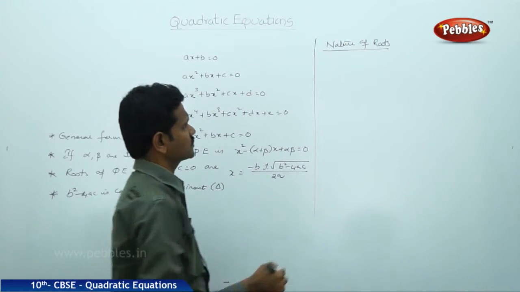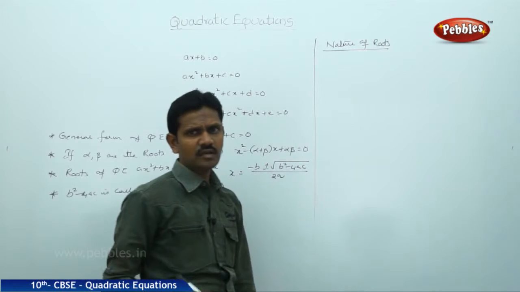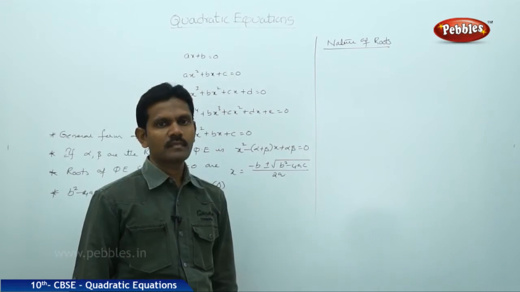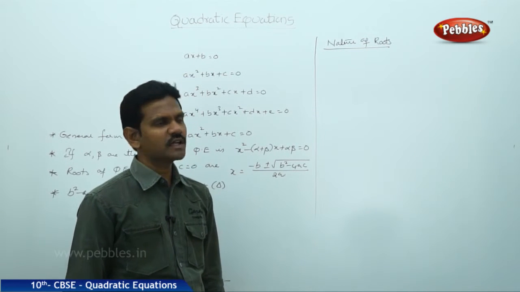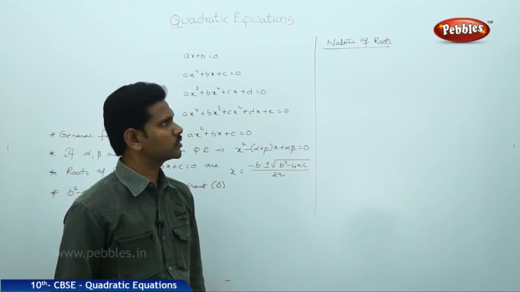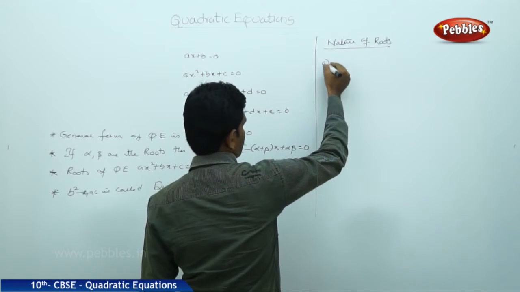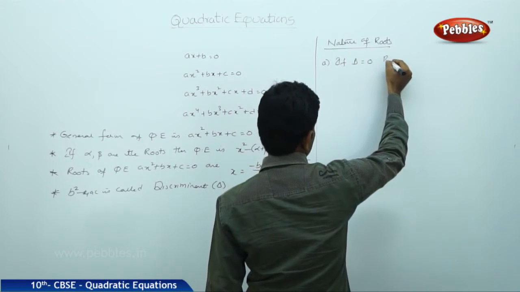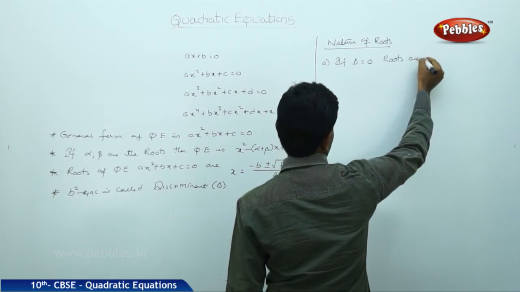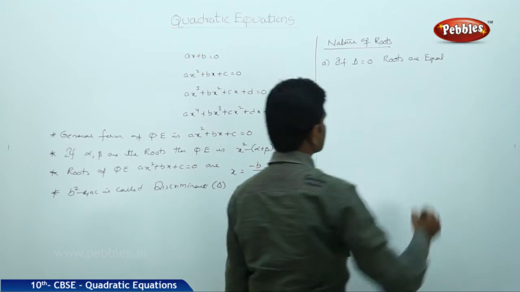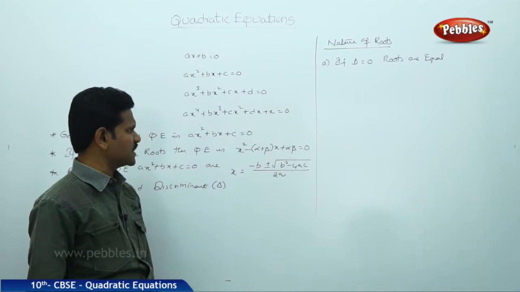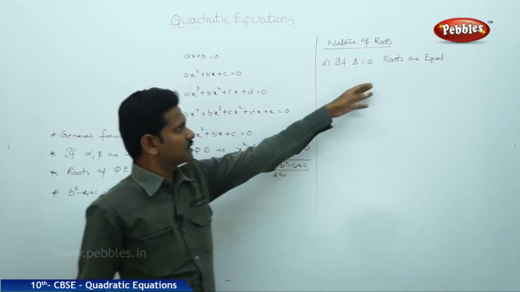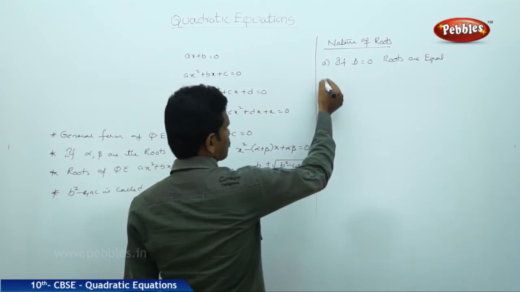Now, based on this, what is the nature of roots? Based on the delta, we can decide what type of roots the given quadratic equation has. To begin with, if delta is equal to 0, the roots are equal. That is, if your discriminant value b square minus 4ac becomes 0, then the roots are equal.